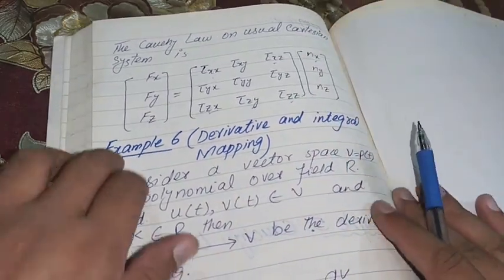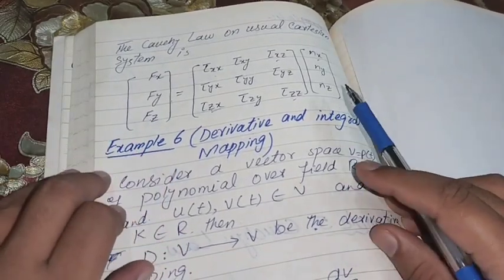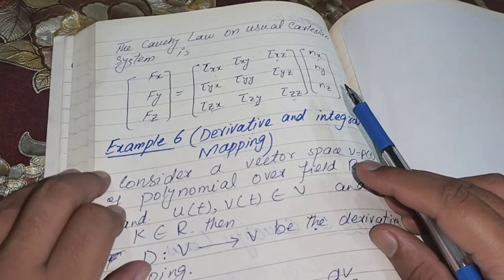This is the Cartesian form of Cauchy's law.